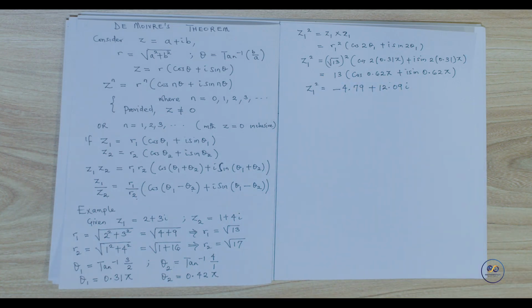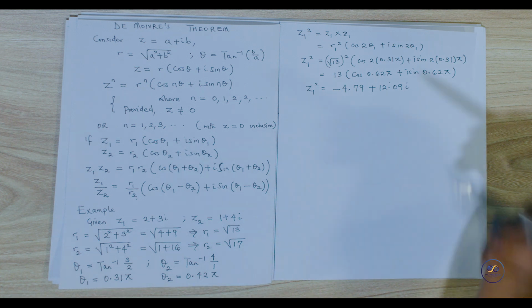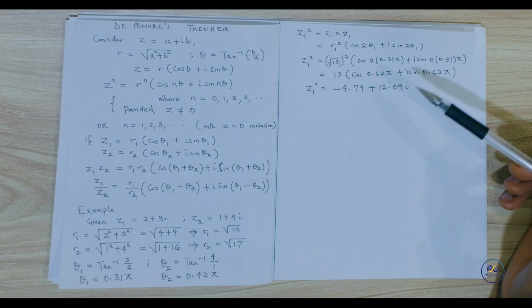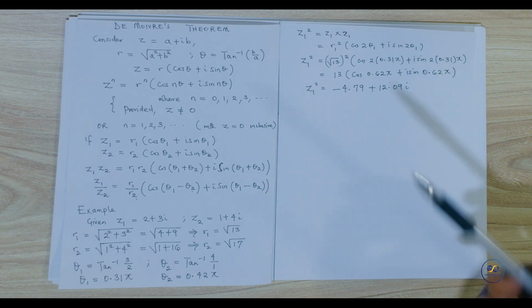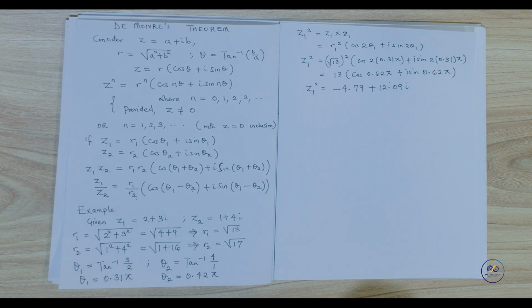Now, I should also note that there is bound to be some approximation error that will arise in this conversion from polar form back to its algebraic form. The reason for this approximation error arises from, number one, when we found the argument of the complex number, we had to convert it to radian. First and foremost, the angle in itself was not a special angle, which means that it would have a ton of decimal points.